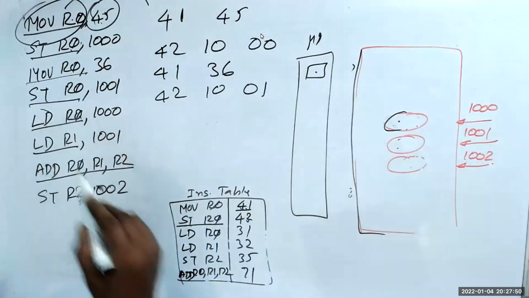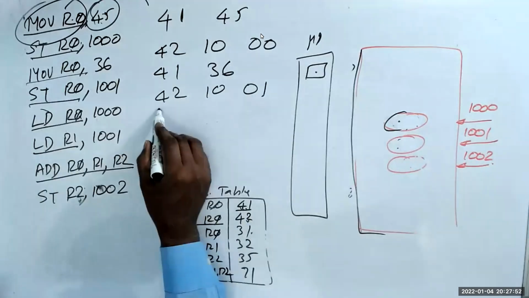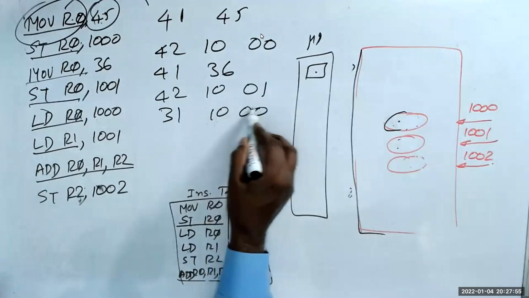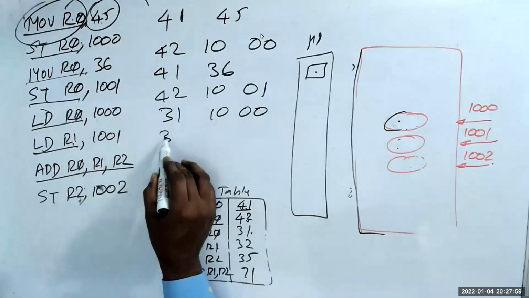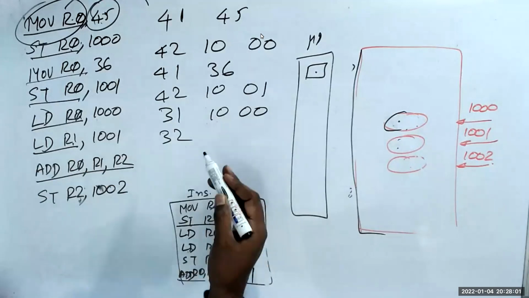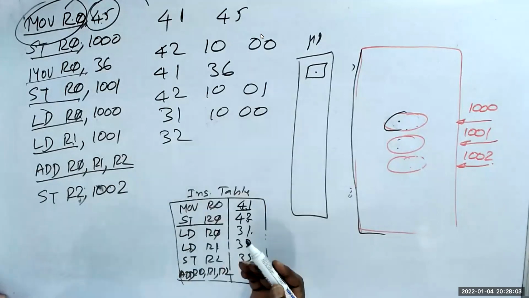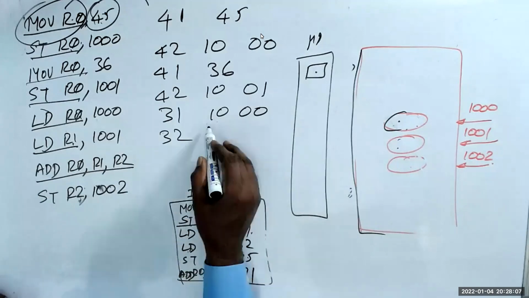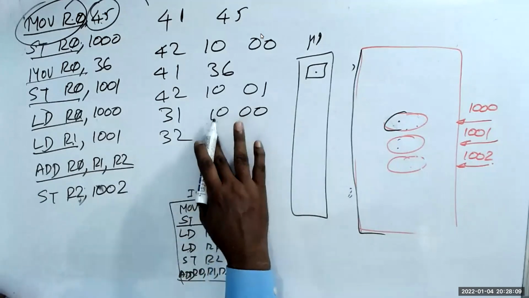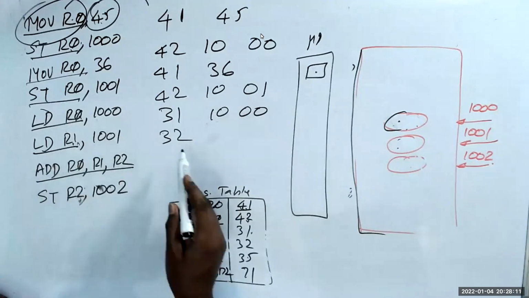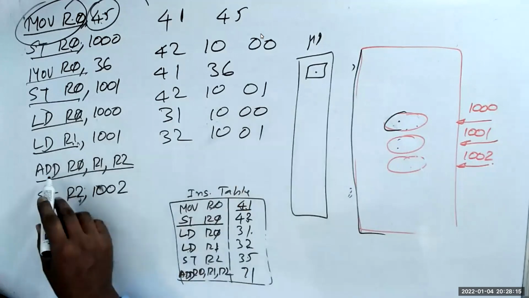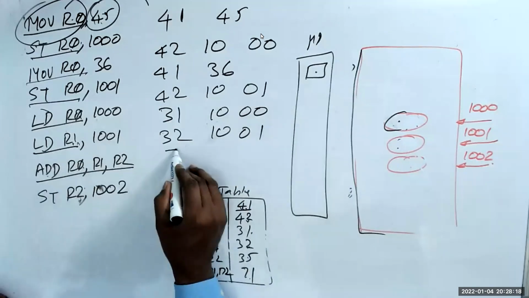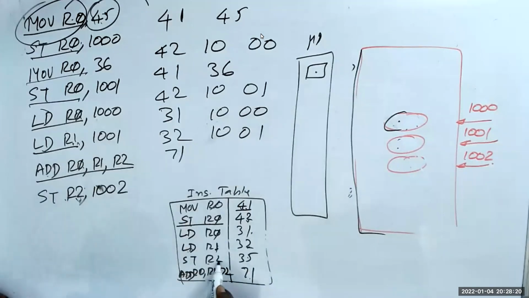Then load R0 becomes 31. Load R1 becomes 32. You are actually translating. You are using a dictionary and translating. There's nothing great about it. Load R1 is 32, 1001. Then add is 71. Store R2 is 35.